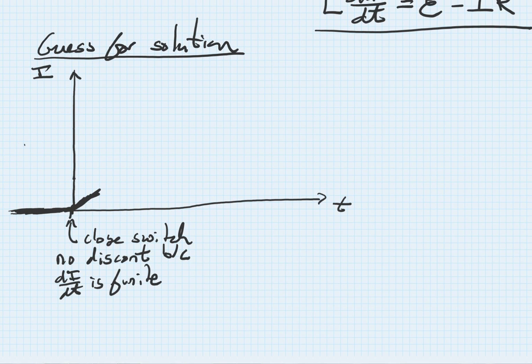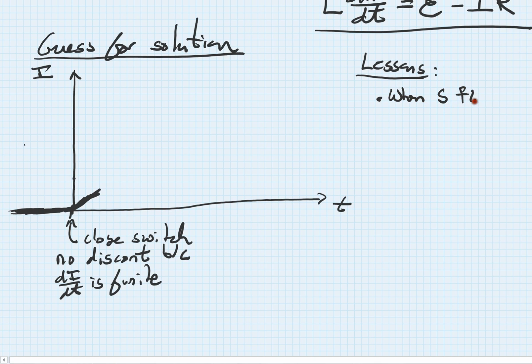So that's the first real lesson that we've learned here. There are some general lessons for inductors, and we had similar lessons, by the way, for the case of capacitors. The lesson we learned here is, first, that whenever there's some switch that flips, the current I through L is continuous.